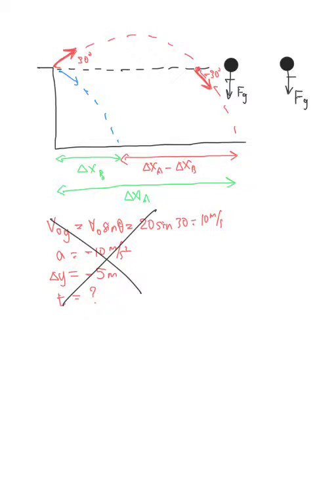Now we also remember from object B that it was launched 30 degrees below the horizontal. So these two paths right here and the rest of this path of object A right here, they're moving at the same angle with the same velocity. So basically this whole path for the final part of object A is going to be exactly the same as this whole path for object B.